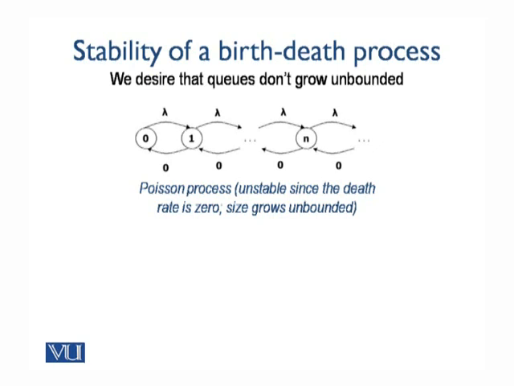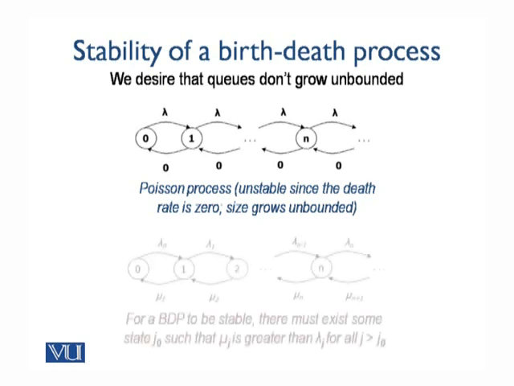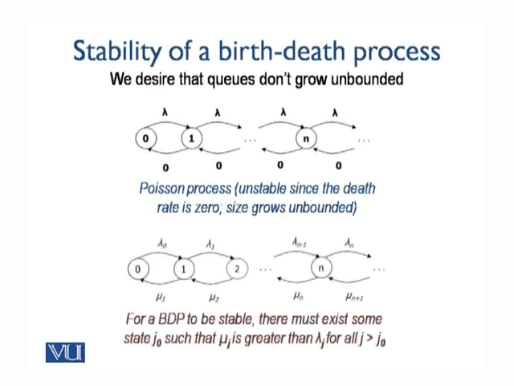So the answer to that in general is that on the bottom of the screen you see a general representation of a birth-death process in which the arrival rates are represented by lambdas and the service rates are represented by mu's. So what you want is that, okay, we may allow the queue to increase to a certain size, but beyond that, we want the service to actually push the number of customers back.